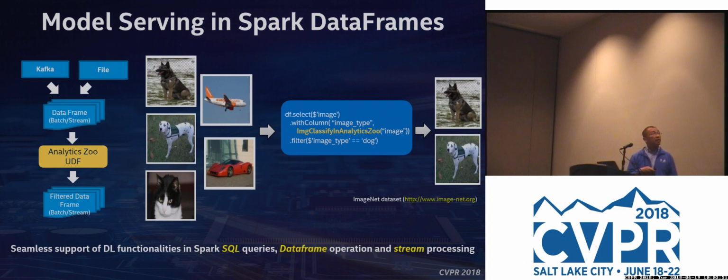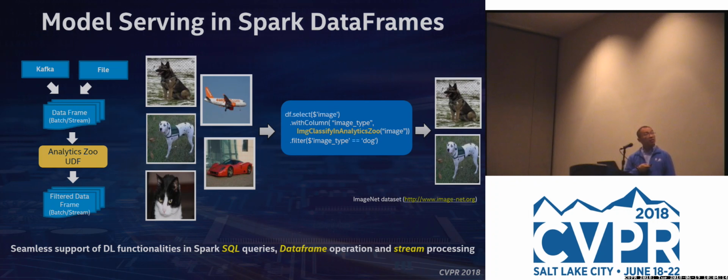Let's say you have a database of images, and you can write a UDF to wrap your model, and then you can directly use your model inside your data frame operation or SQL operation. So in this case, you can write a SQL query using that UDF. Let's say it's a classification model.